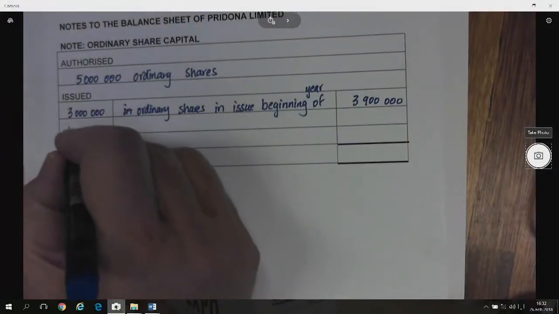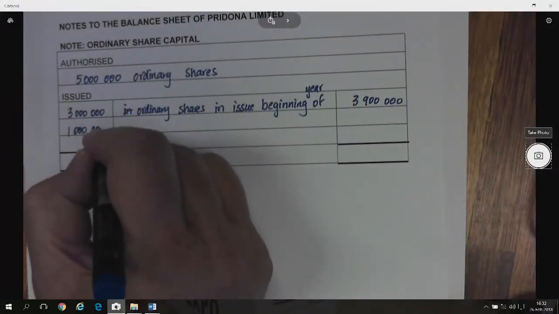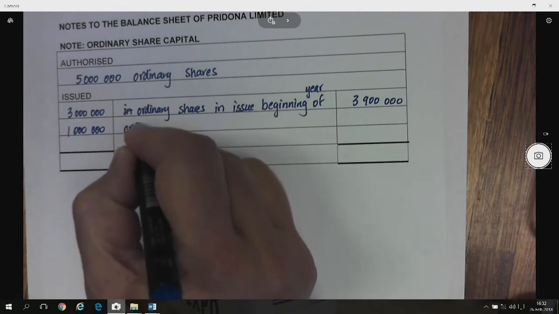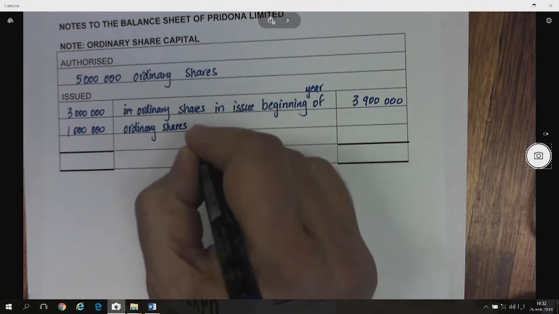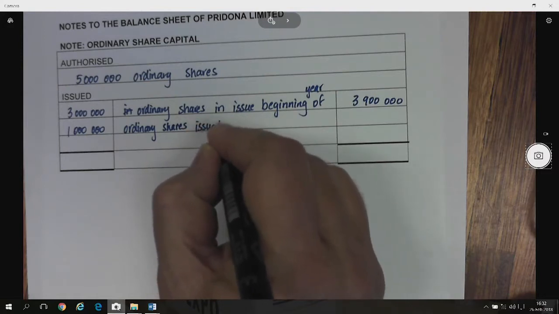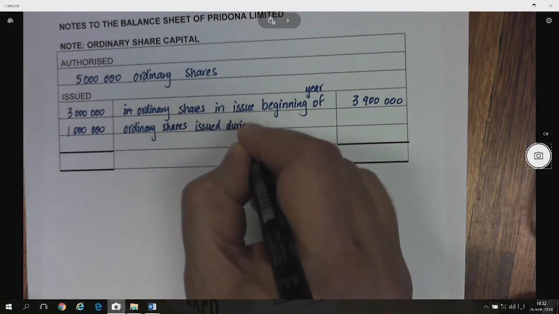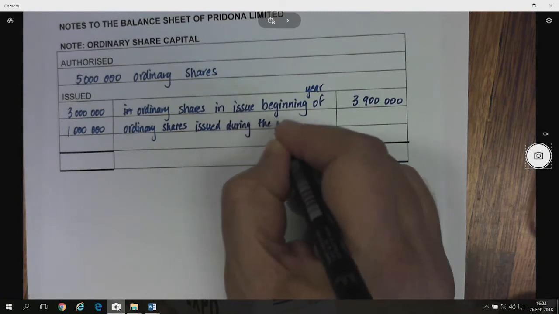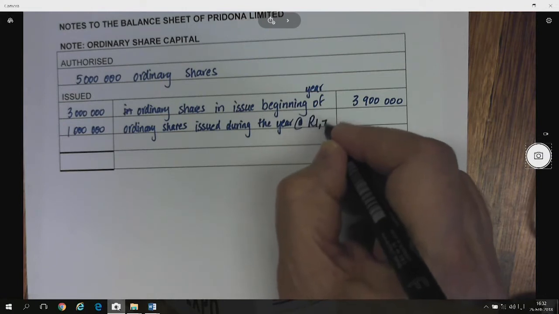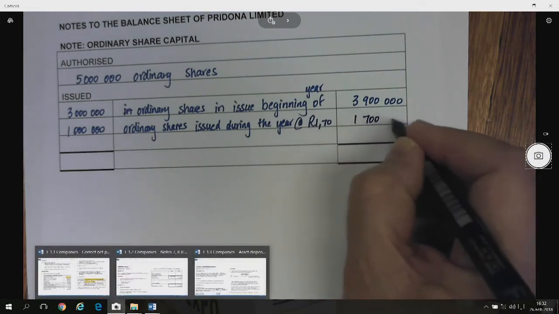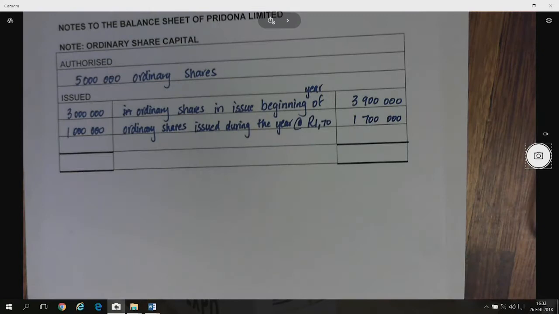So we are going to issue 1 million ordinary shares, and you just say issued during the year, and please show your R1.70 there, and that gives you 1,700,000 rand.